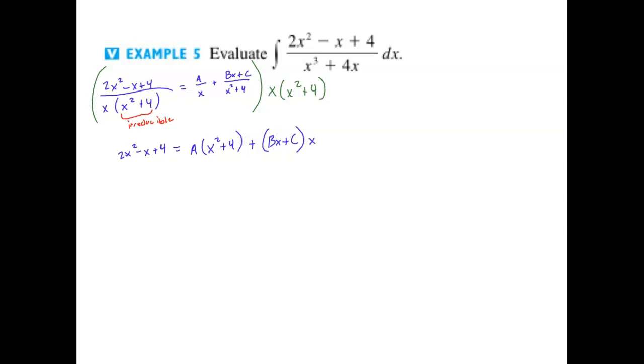All right, so you can use the little trick we had to speed things up, but this is where it becomes a little more dicey because you're not going to be able to use it the whole time. So for example, I could let x equal 0. And that's going to cancel out that entire factor, right?